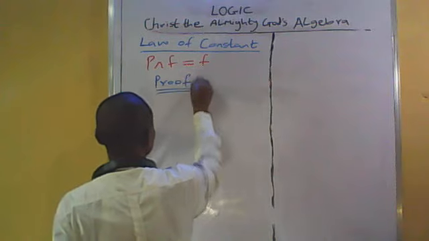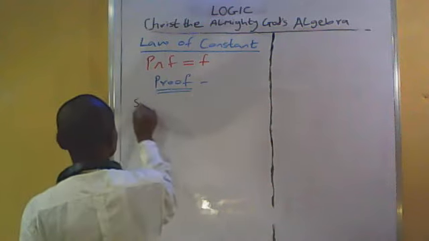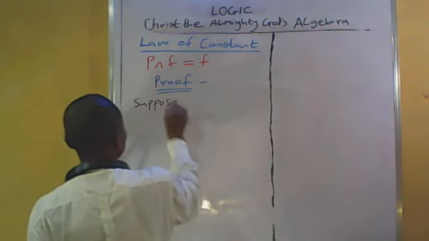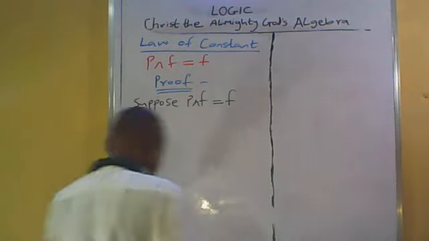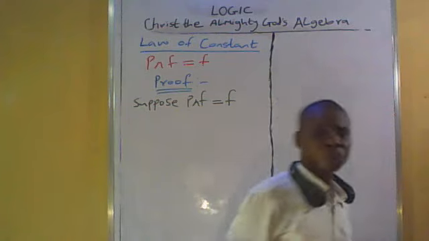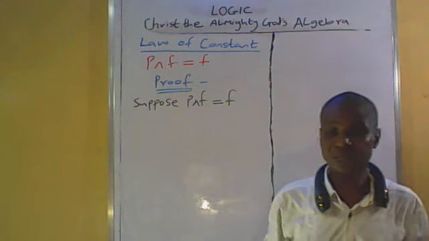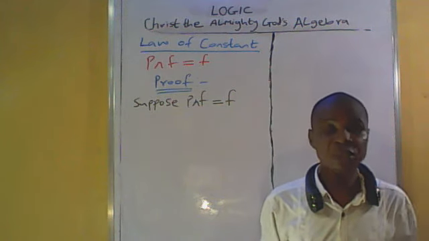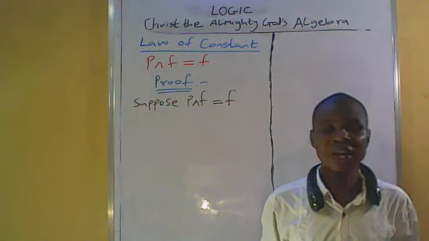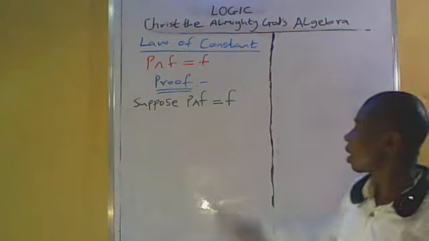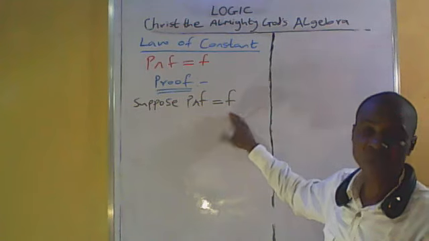Proof. Suppose P and F is equal to F. We assume that the statement is true, that P and F is equal to F. Whenever the left hand side equation is true, the right hand side equation is also true.